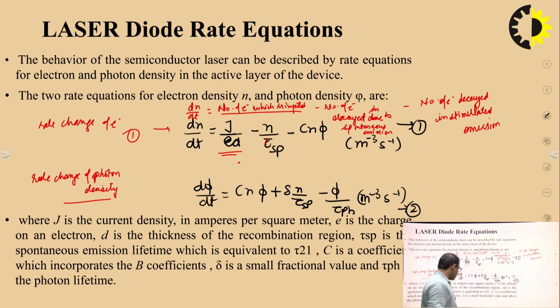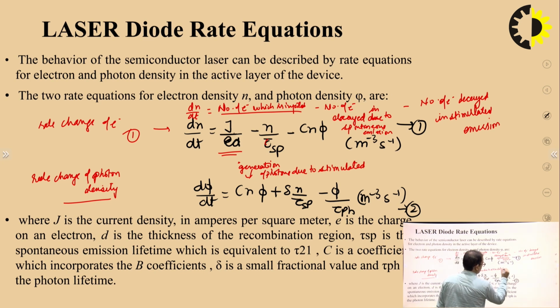The rate of change of photon density is equal to the generation of photons due to stimulated emission, that is C into N into phi.